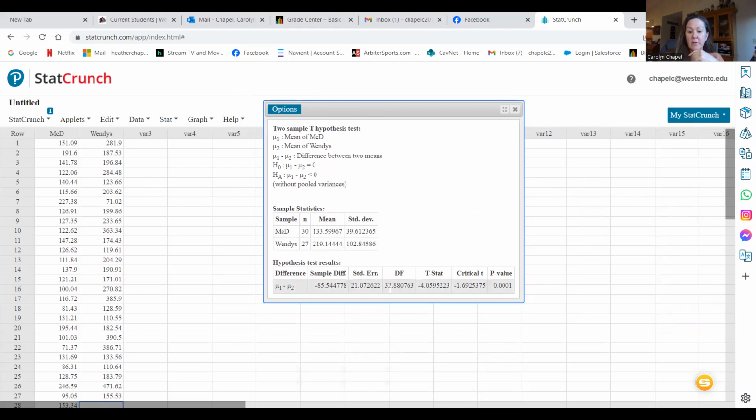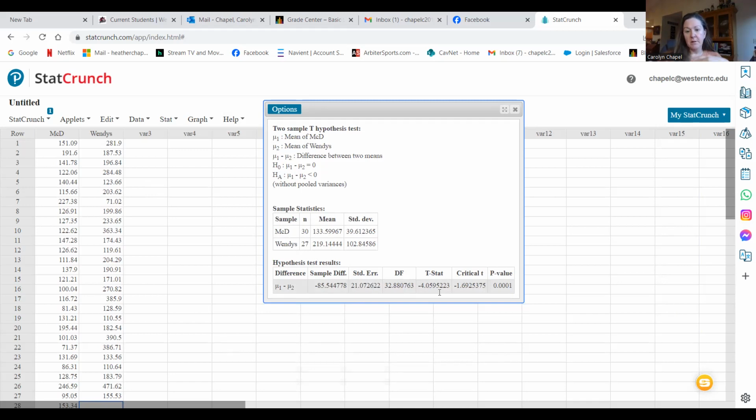Here is the differences, the information I need. Standard error, degrees of freedom is 32.88. They actually use a pooled type situation or a different type situation. If we were doing this one by hand completely, we would have used degrees of freedom being 26, the smaller of N1 and N2 minus 1. So 29 versus 26, we would have used 26.